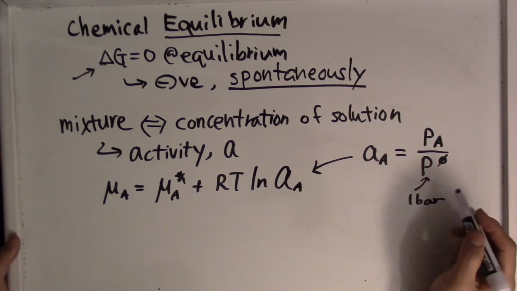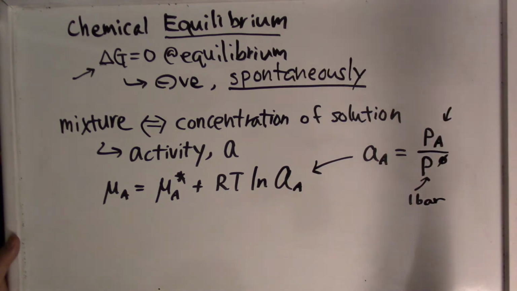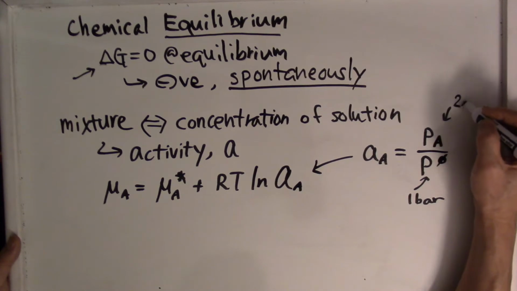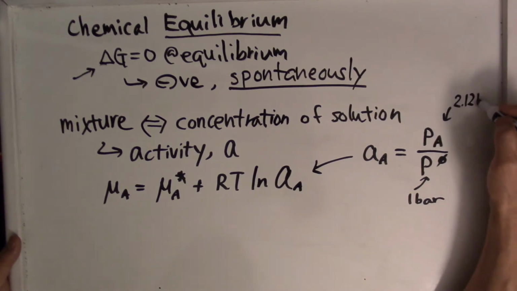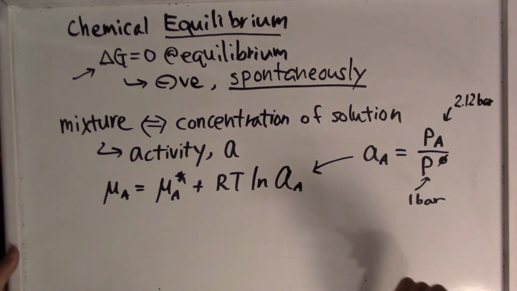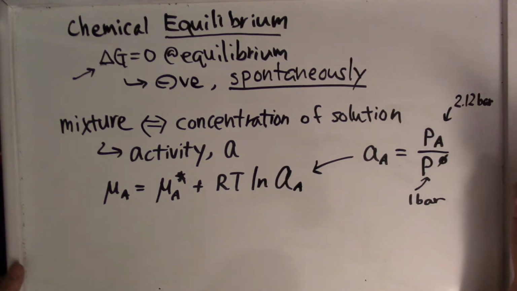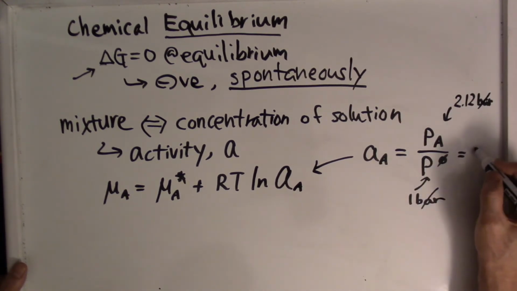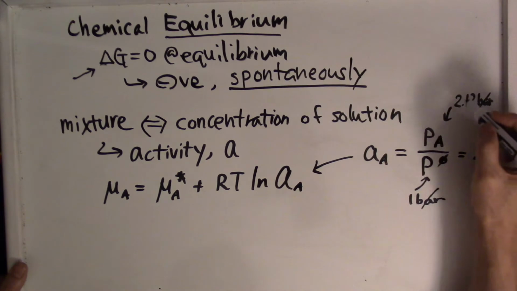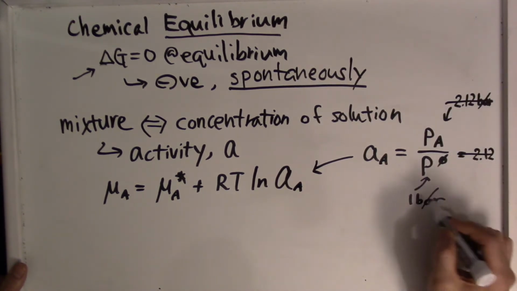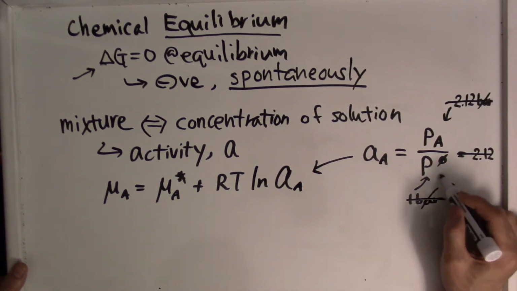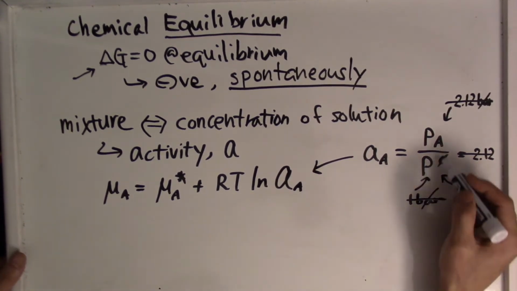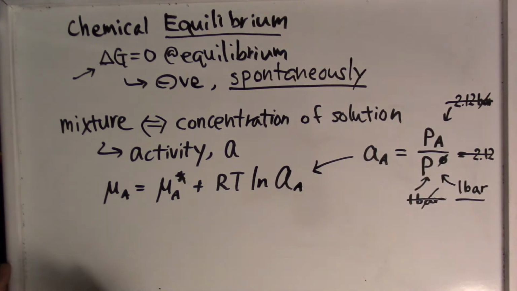Let's say, I'll just come up with a number, 2.12 bar for the vapor pressure above the solution of the mixture. But then bar and bar cancels out, so activity in this case turns into 2.12. Again, don't write these numbers, but just to demonstrate that this 1 bar just means that the units would cancel out. So keep that in mind, right?